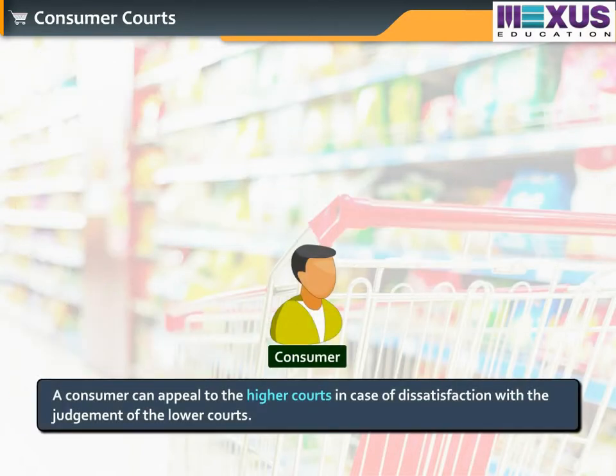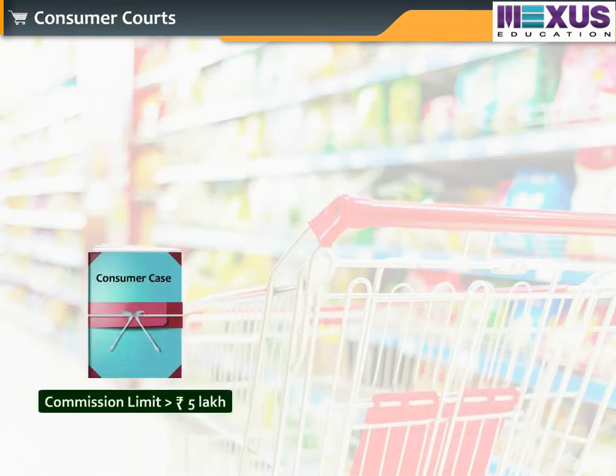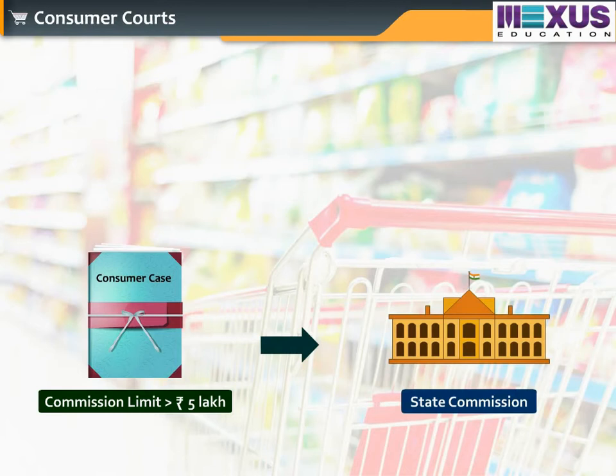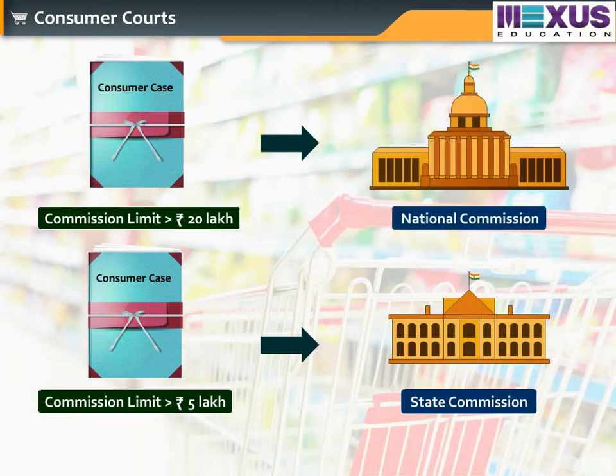A consumer can appeal to the higher courts in case of dissatisfaction with the judgment of the lower courts. The cases exceeding a commission limit of rupees 5 lakhs shall be filed with the State Commission, and the cases exceeding a commission limit of rupees 20 lakhs shall be filed with the National Commission.